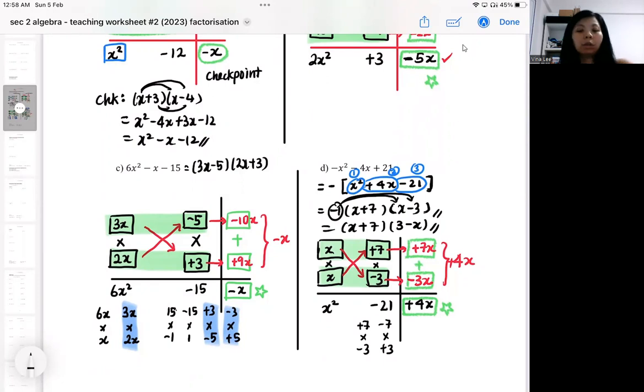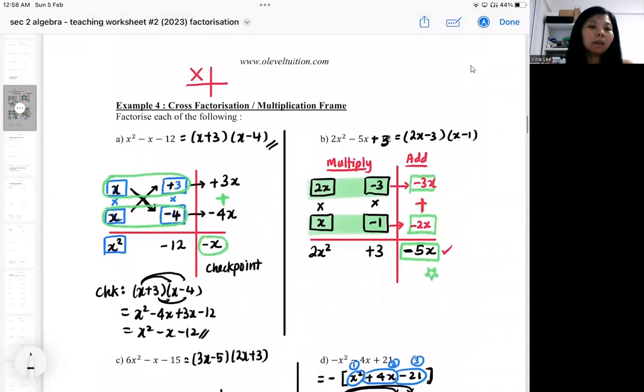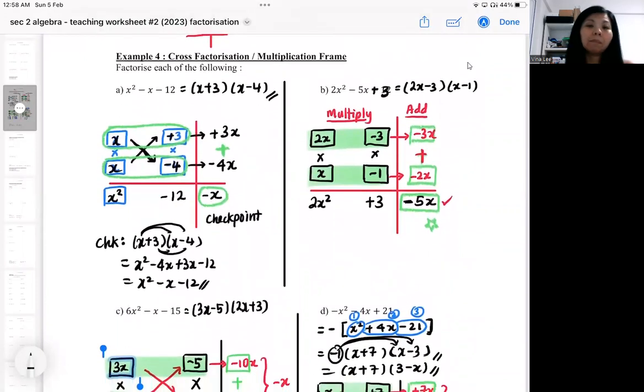So you realize I choose to multiply to x minus 3 because it will become 3 minus x. I'm going to leave the x plus 7 alone. So that is the idea of your cross factorization. There are still more examples, but I think with this, you can practice some basic first.